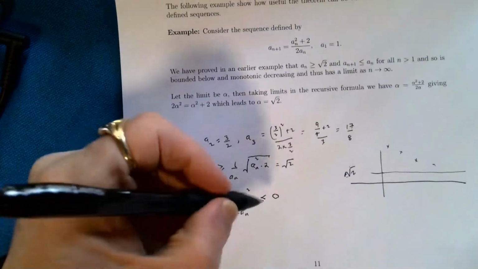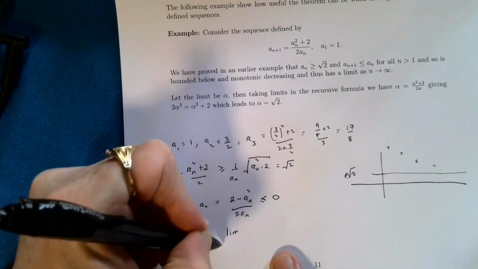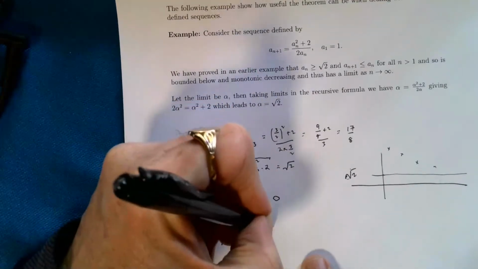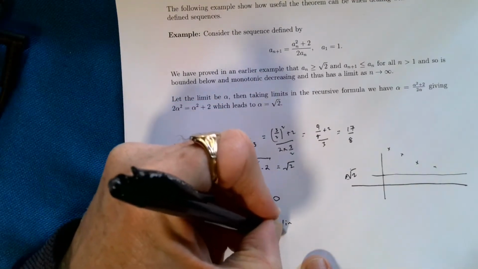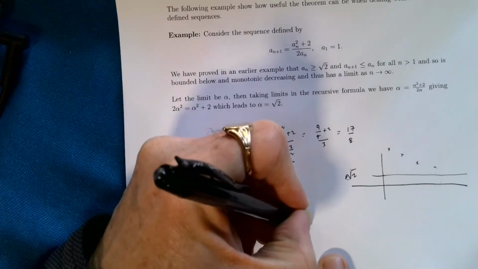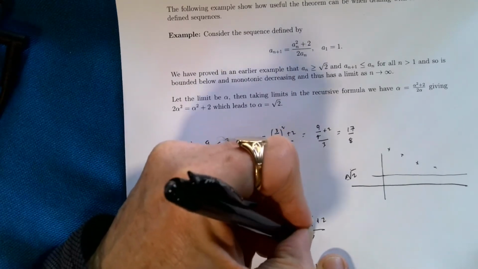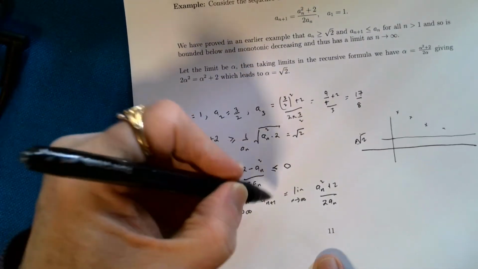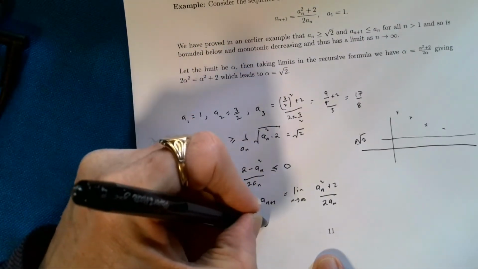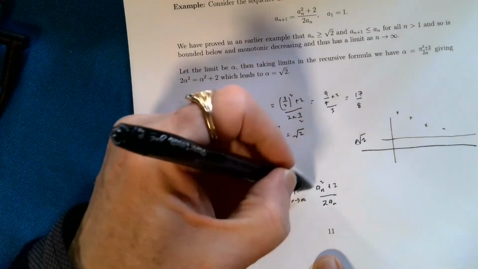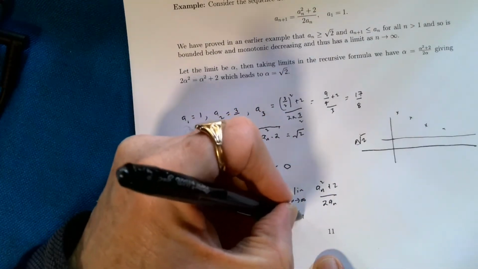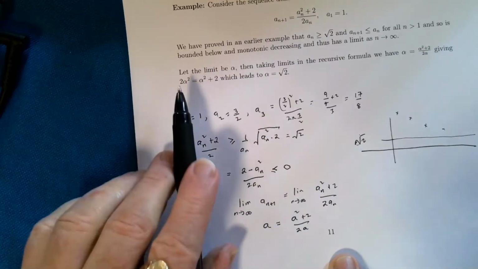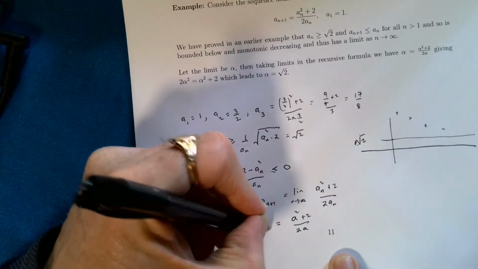That is, I can say that the limit as n goes to infinity of a_(n+1) is the limit as n goes to infinity of (a_n squared plus 2) over 2a_n. And as n goes to infinity, this is going towards alpha, and this is going towards (alpha squared plus 2) over 2 alpha. I think I've used alpha, in fact, rather than a, so I better put some alphas in.